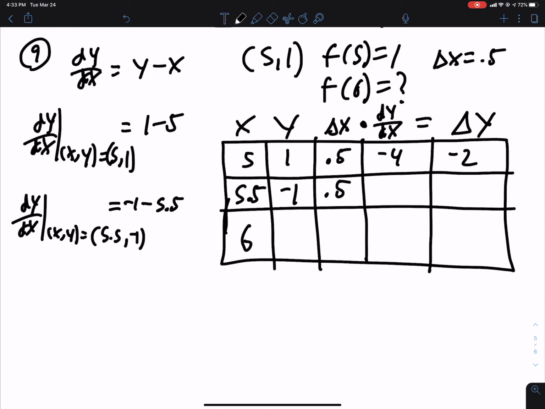That's going to be negative 6.5. And then we need to multiply that by 0.5. That's negative 3.25. And again, our y decreases by 3.25. It was negative 1, so that's negative 4.25. So this says our approximation for f of 6 is negative 4.25.